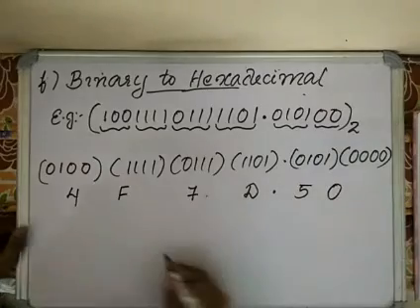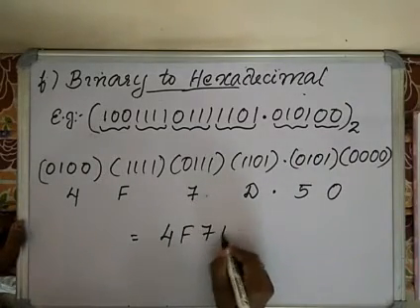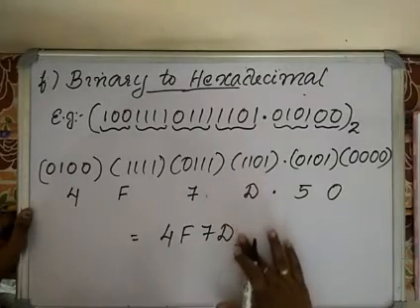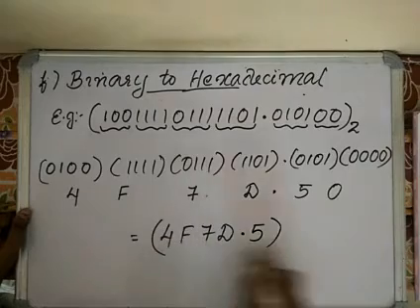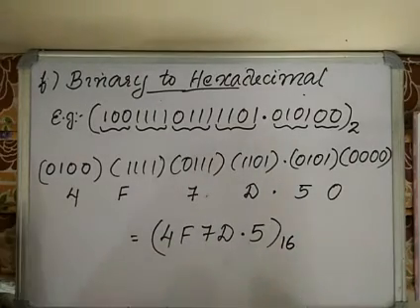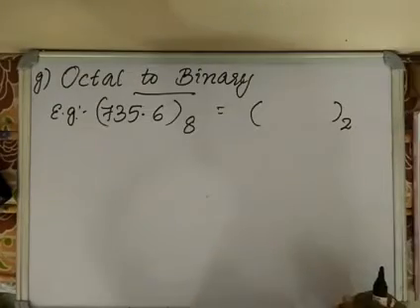Next is 0. So the answer is 4F70.5. This is the hexadecimal equivalent of the given binary number.